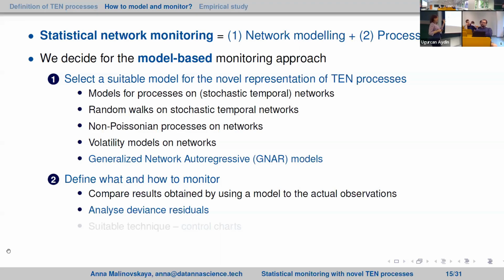So you have the model state, you check whether, let's say, one edge by the model would have a flow of 14, and actually today it's 10. So the forecast error or the deviance residual is 4, and then you start monitoring this value.